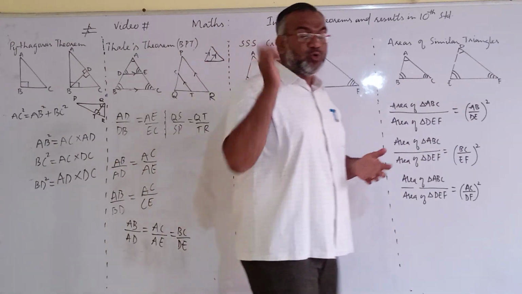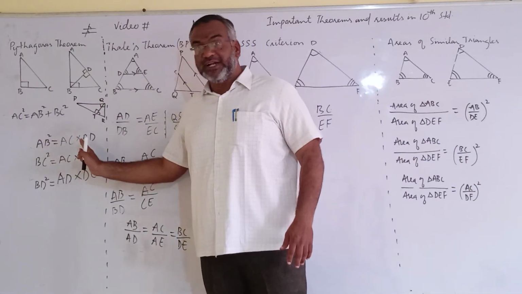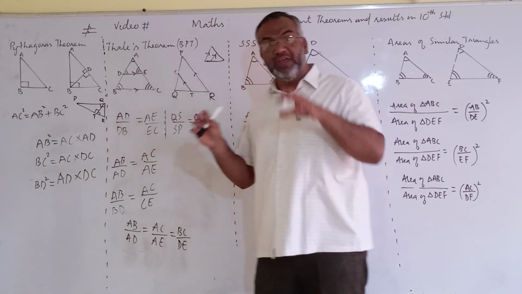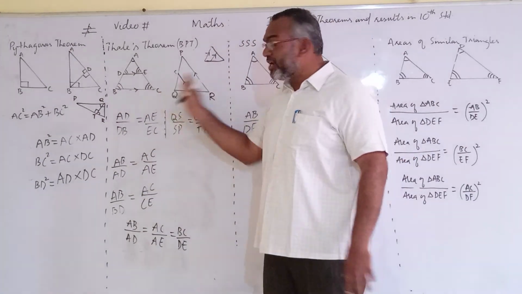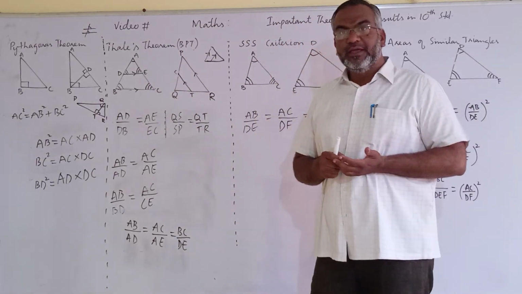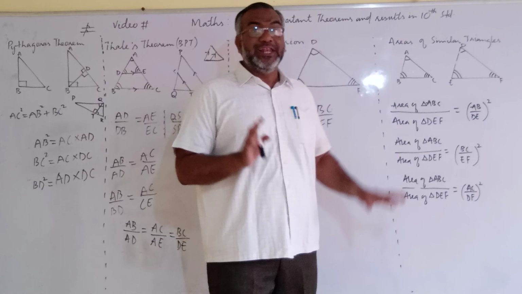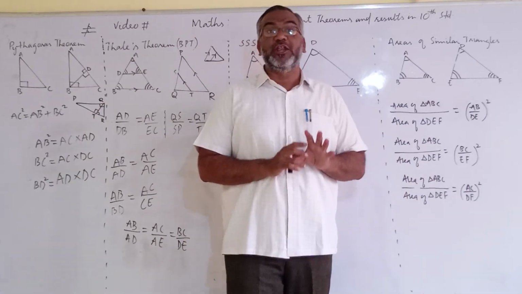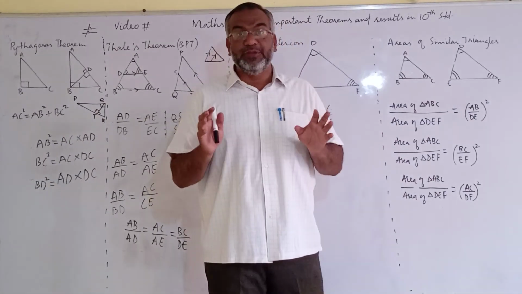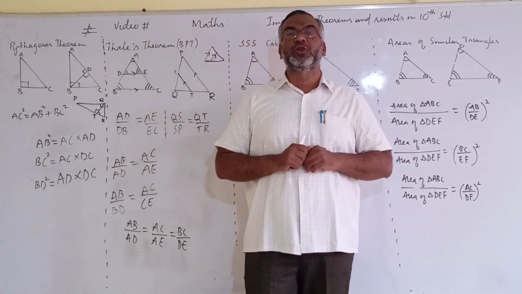You have to understand how to identify the corresponding sides, how to identify the side which is attached, where we are taking the full length, where we are taking a part. So please watch the video again and again and try to understand. You can write these results only by understanding. You cannot write these results in the examination if you just memorize them by heart. No, understanding is more important.